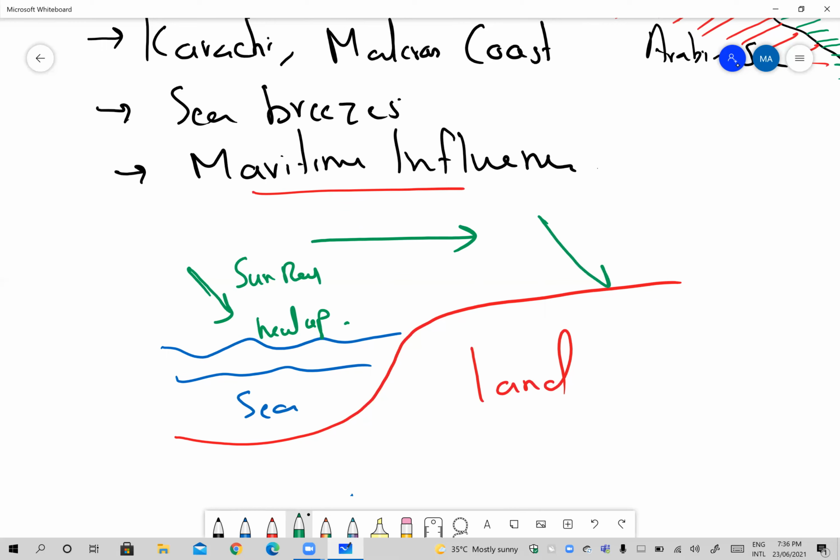Those sun rays will also cause the land to heat up at the same time. But now the capacities for the sea to heat up and for the land to heat up are different.